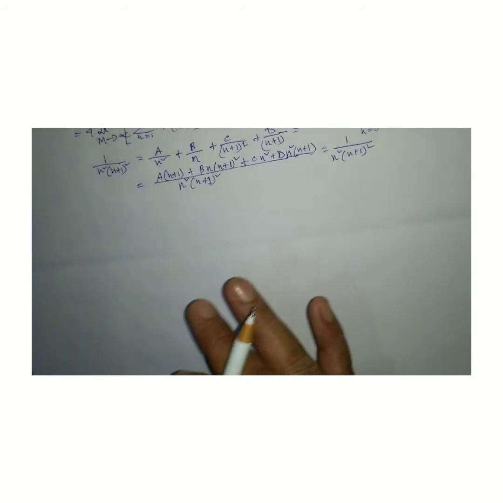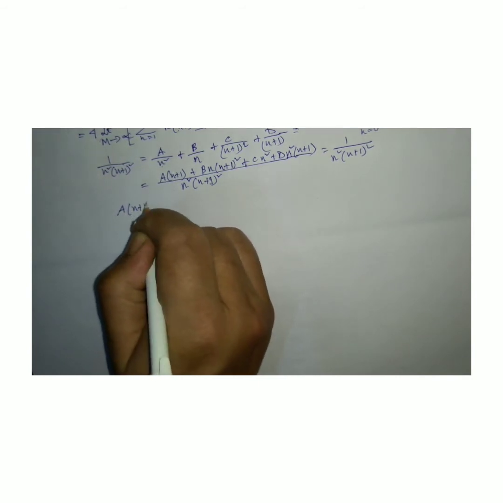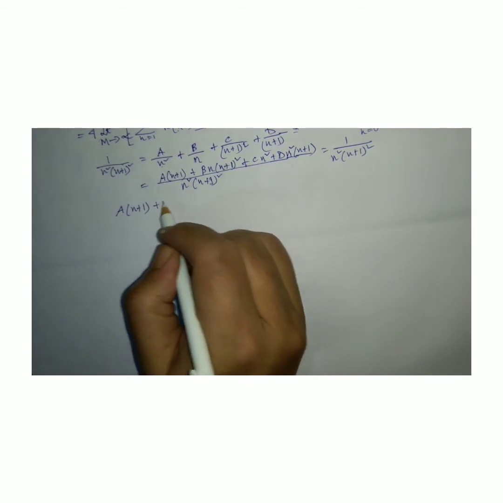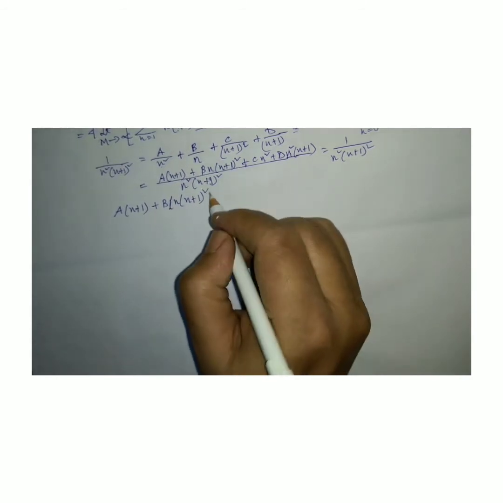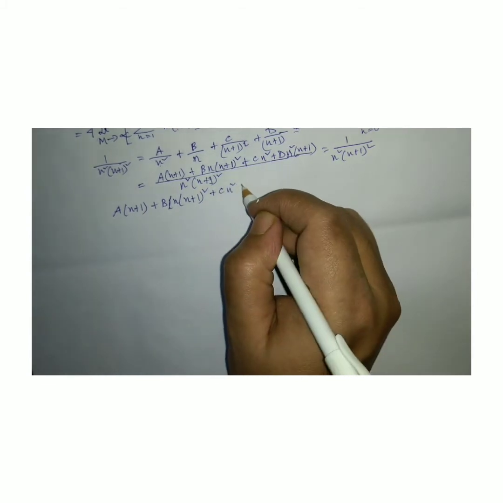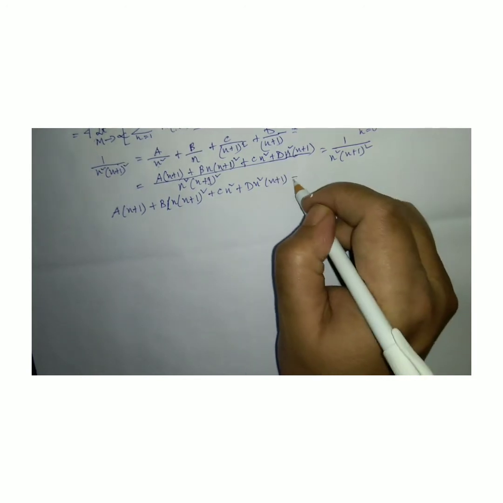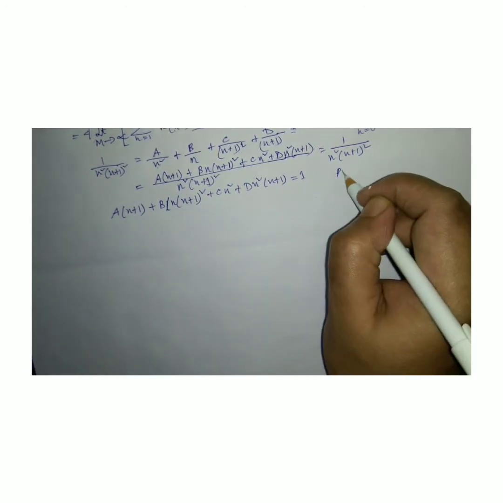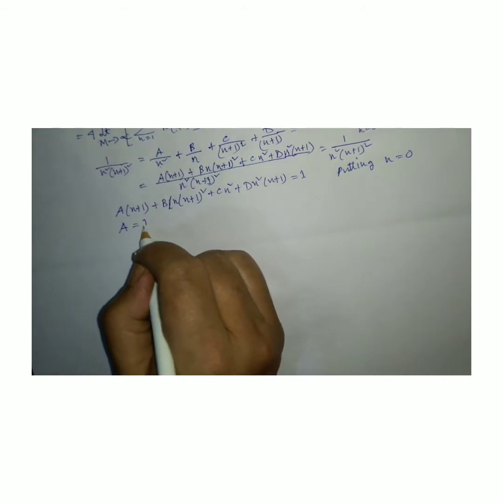But it is important, those who don't know this formula need to learn this: A into n plus 1 whole square plus B into n into n plus 1 whole square plus C into n square plus D into n square into n plus 1 equals 1. Putting n equals 0, what I get is A is equal to 1.